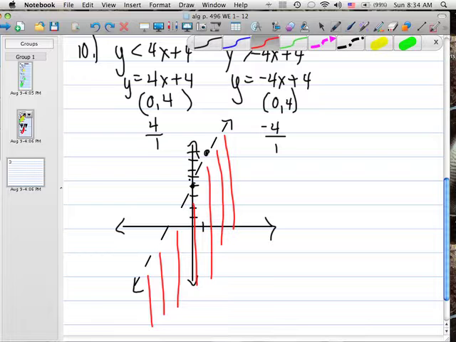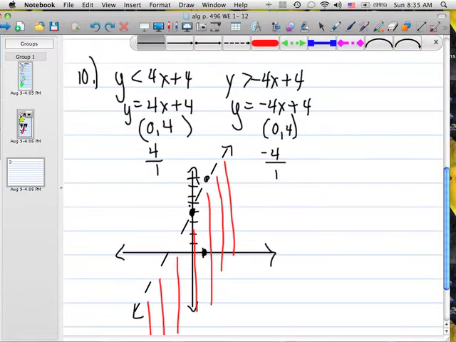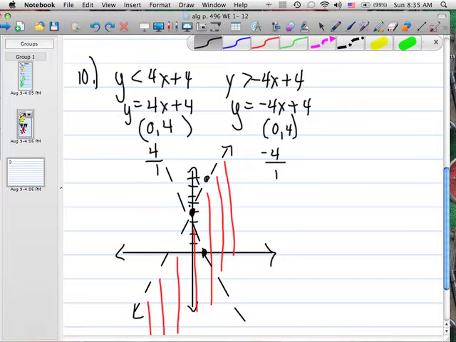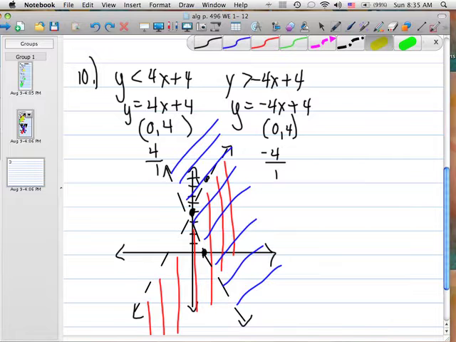And the second inequality, our intercept is still at 0, 4, but this time the slope is negative 4, so we go down 4, right 1. And our inequality was greater than, so again a dashed line. And that said greater than, so that was shaded above. So our area that's crosshatched is where all the solutions are, right along here. So any of those ordered pairs would work.